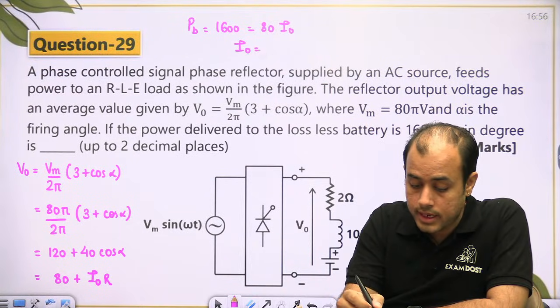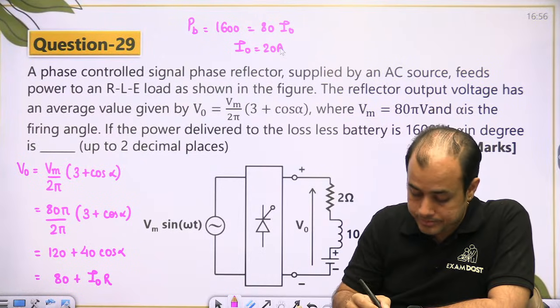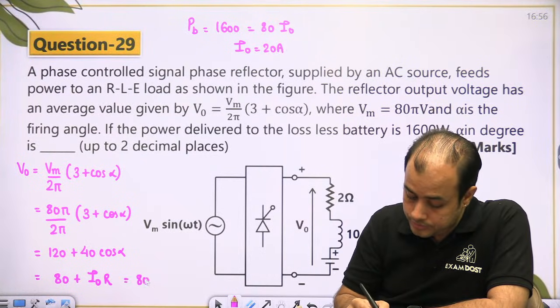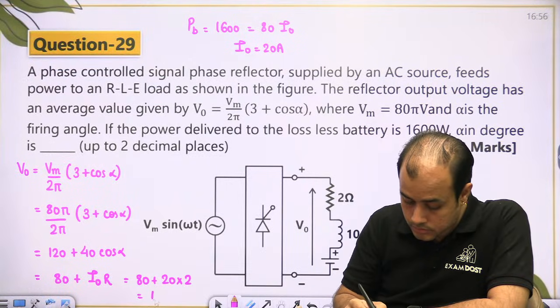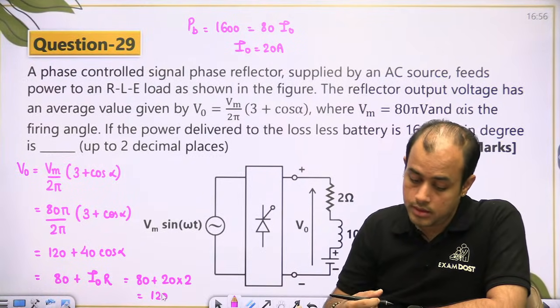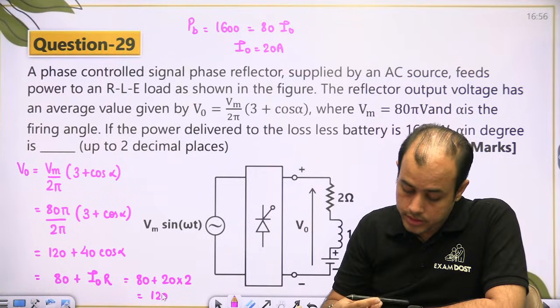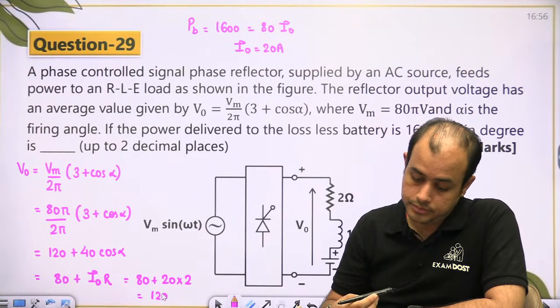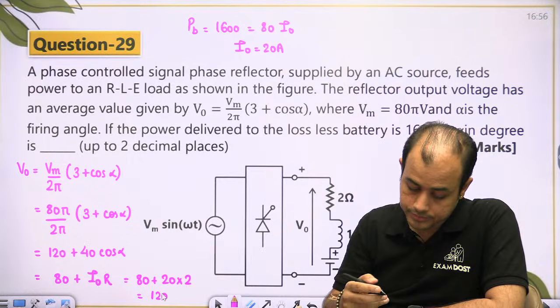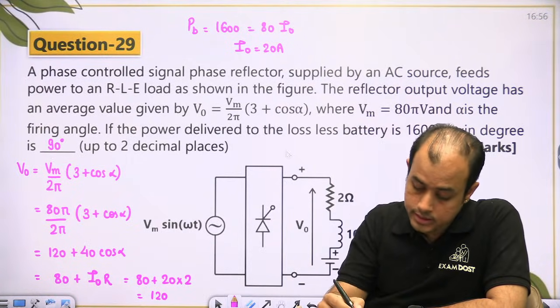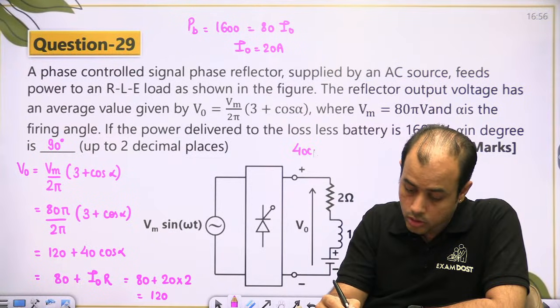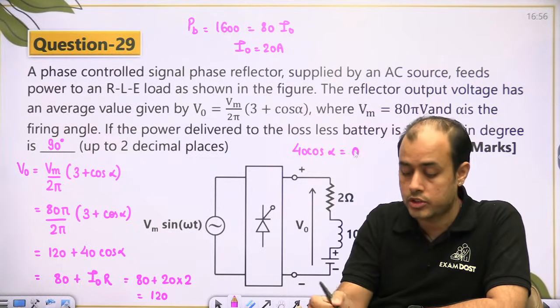So you can say I naught is 20 ampere. Em is 80 by 120. So alpha will be 90. Because now 40 cos alpha is 0, so alpha should be 90.